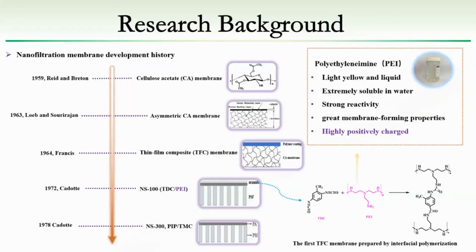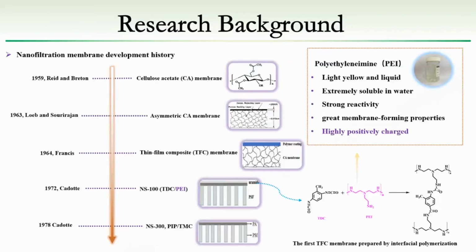In 1959, it was first discovered that cellulose acetate membrane had a desalination effect. Loeb and Sourirajan used the phase inversion method to prepare membranes with asymmetric structure. This asymmetric structure had a significant impact on the increase in flux. Further development resulted in the TFC membrane.